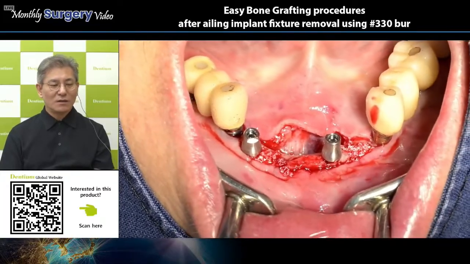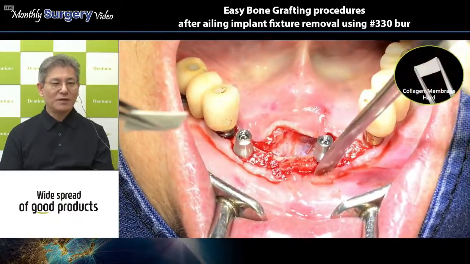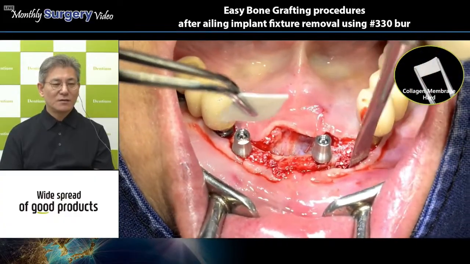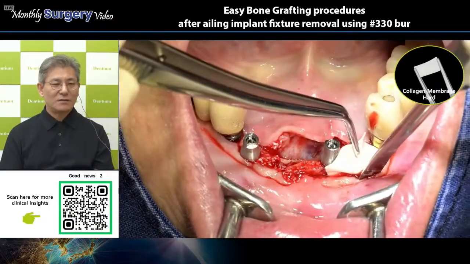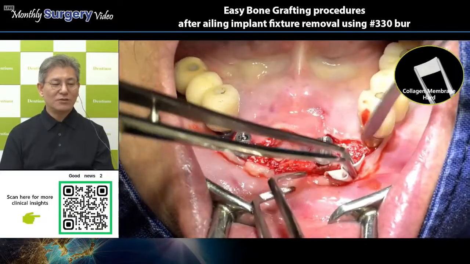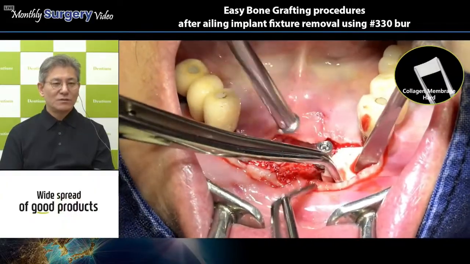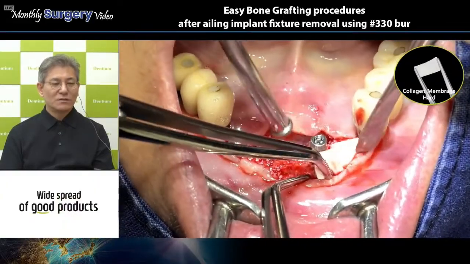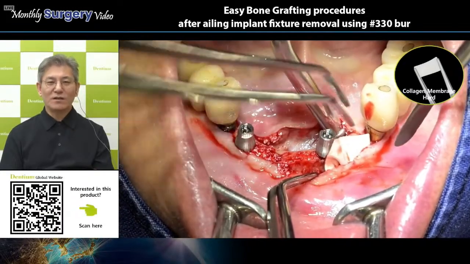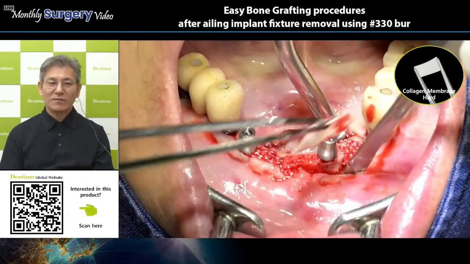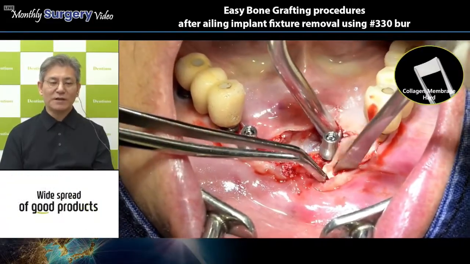Okay, now he's preparing the hard type collagen membrane. As I introduced to you, this defect was a 3-wall defect, a very favorable defect.